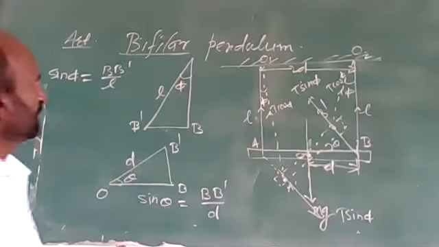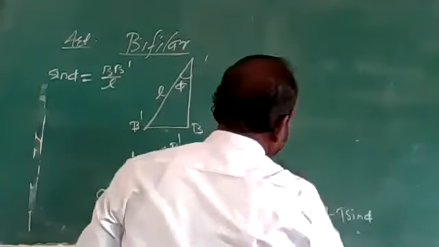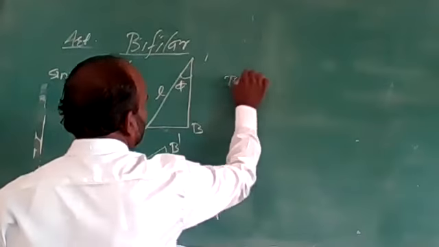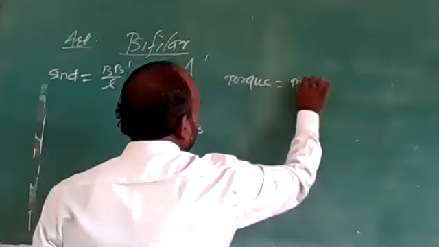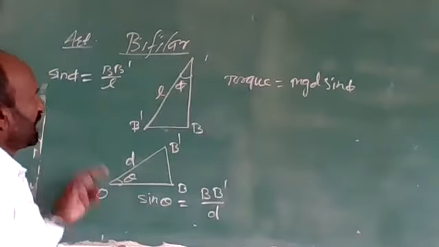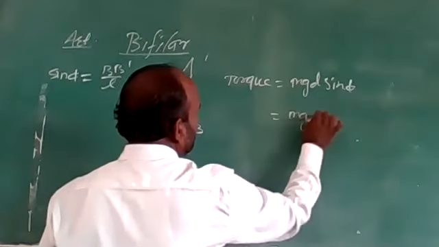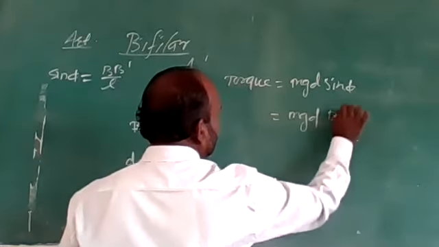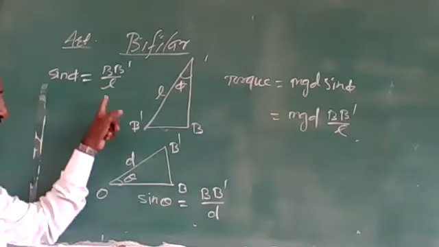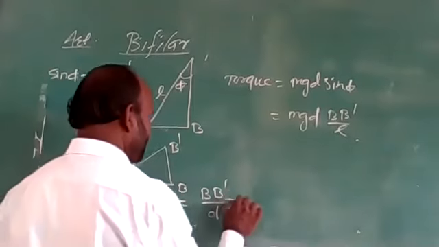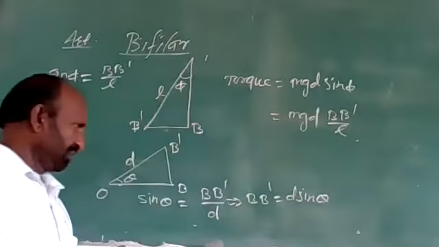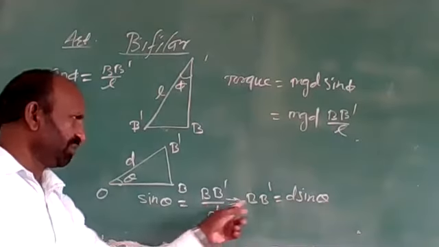Our equation, I will write that equation of restoring torque. Restoring torque is mg d sin phi. The value of sin phi is here: B B dash upon here. And B B dash we can obtain from this, it is d sin theta.